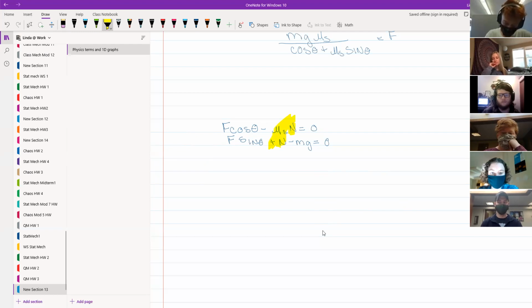I can do that either by dividing the first equation by mu to where I have just the normal alone, or multiplying the second equation by mu to where I have identical quantities there. So that would look like f cosine theta minus mu s normal equals 0, and then mu f sine theta plus mu s n minus mg equals 0.